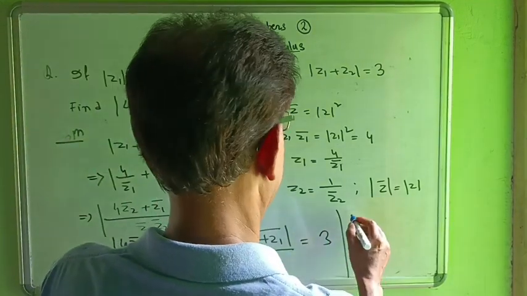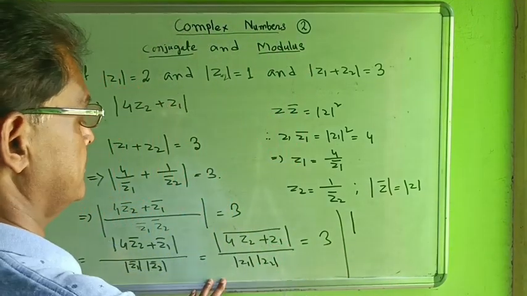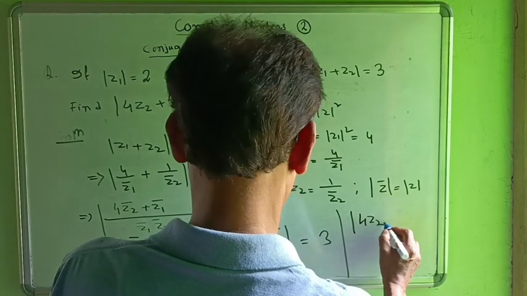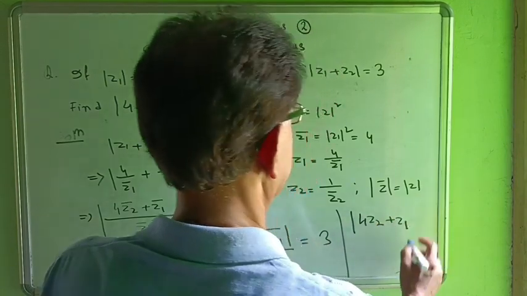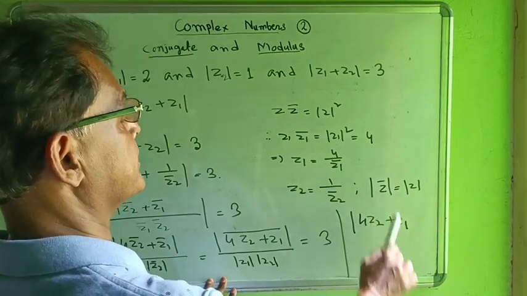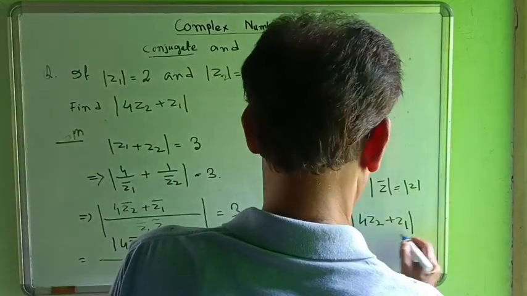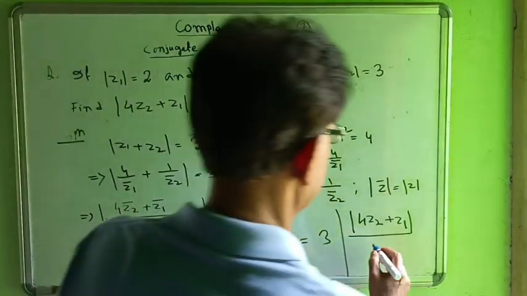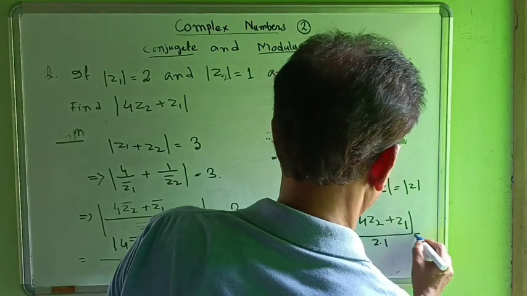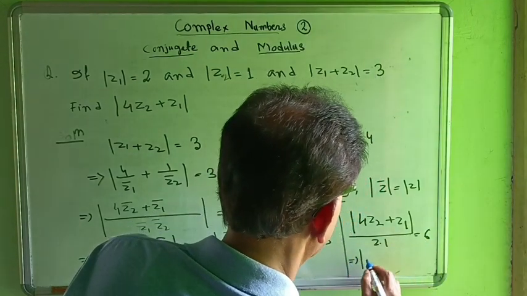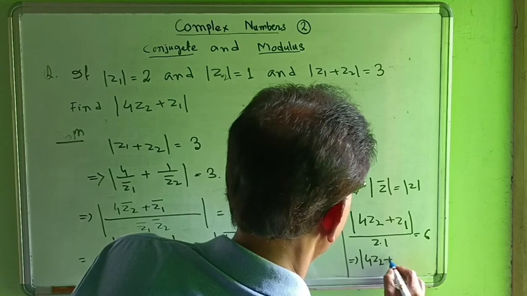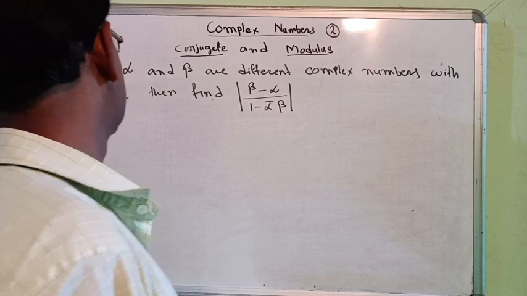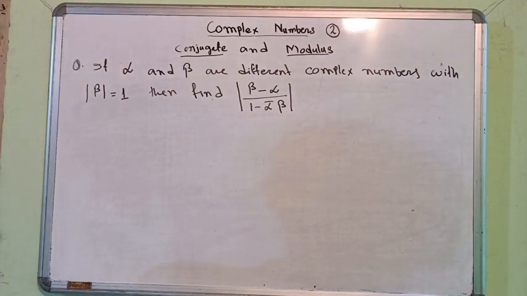Next, mod of this is equal to the same thing. Therefore, mod of 4 Z2 plus Z1 by this equal to 2 into 1, this is equal to 3, so 2 into 3 equals 6. This implies we can say mod of 4 Z2 plus Z1 is equal to 6.